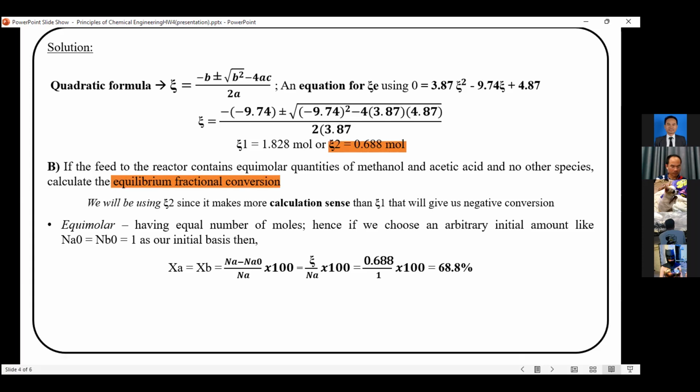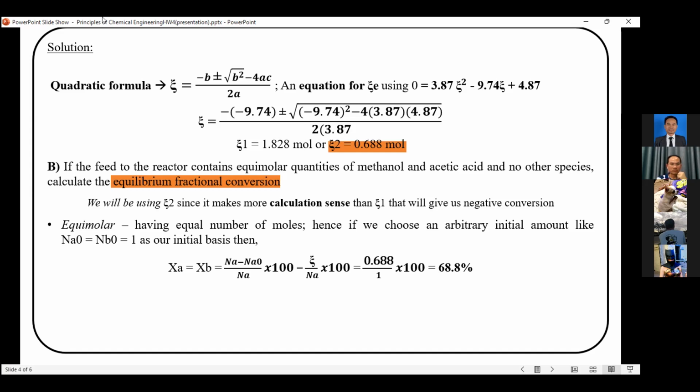So now in letter B, the question says that if the feed to the reactor contains equimolar quantities of methanol and acetic acid and no other species, we are asked to calculate the equilibrium fractional conversion. As I said earlier, we are going to use E2, which we have found already, because it makes much more sense than E1.